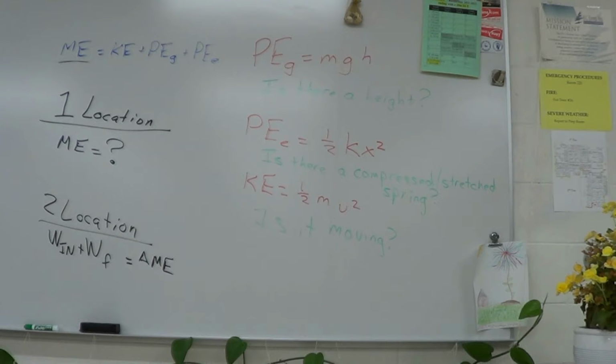When we talk about velocities, remember velocities have directions, and sometimes we use positives and negatives to define a direction. If we have a velocity that is -2, and we put it in our KE equation, 1/2 mv squared, so it'd be -2 squared.